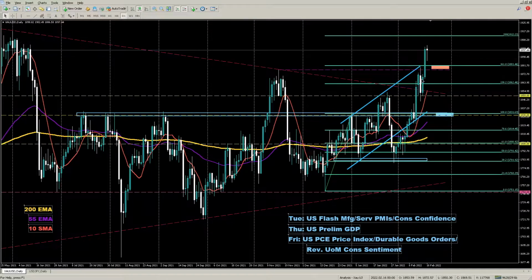Okay, so it did pull back after testing the resistance at the swing high on the Tuesday. Did reach that after breaking out of this upper trend line of the larger symmetrical triangle.